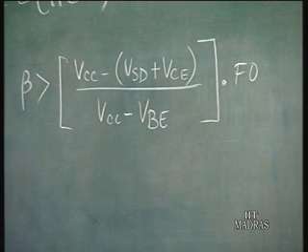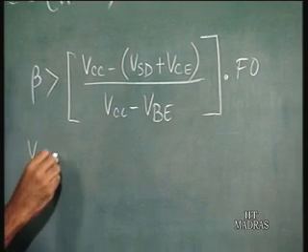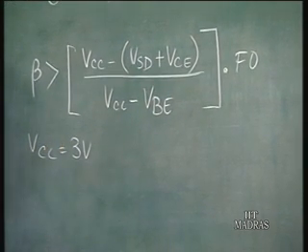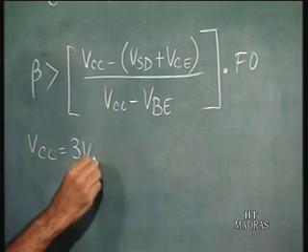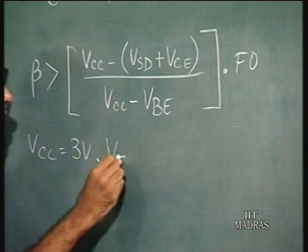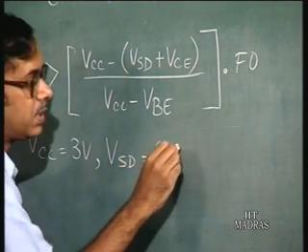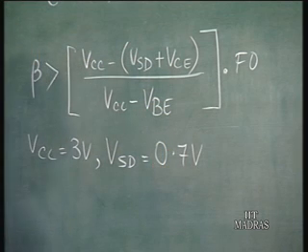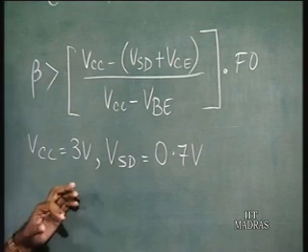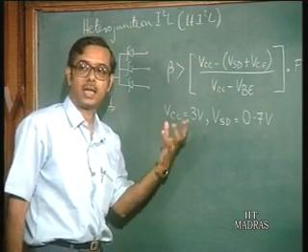If you plug in some values, suppose VCC is equal to 3 volts. These values are going to be a bit different from what we normally encounter, because this is a Schottky diode on a compound semiconductor material, that is a material with a larger band gap.